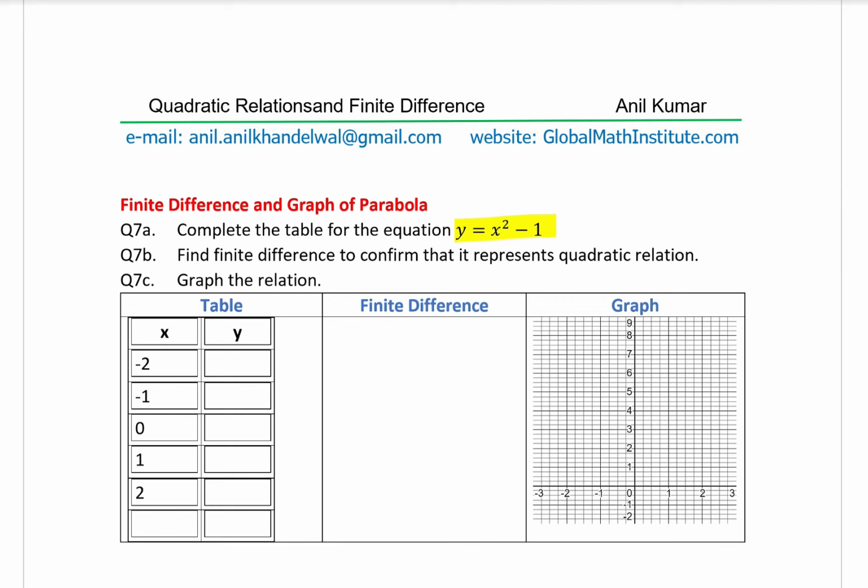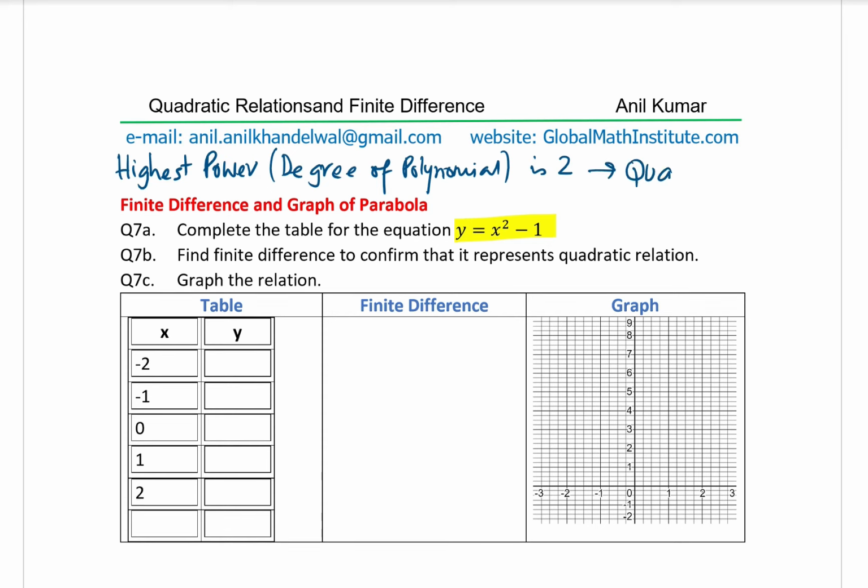If the highest power is 2, it's quadratic. Or a better term is degree of polynomial is 2. That means we are talking about a quadratic relation.